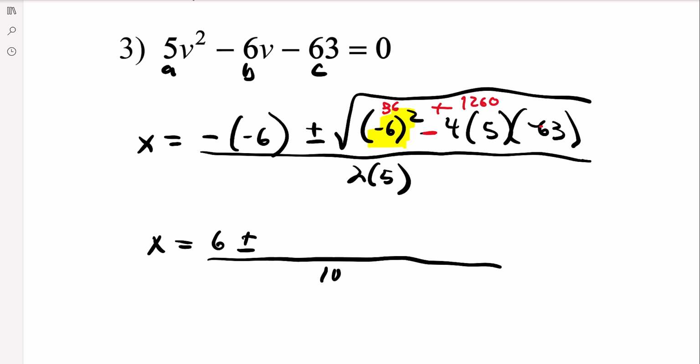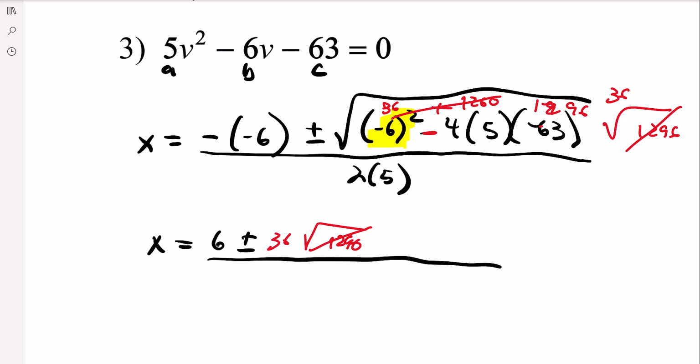If you add those two together, you get 1296. And I think that might be a perfect square. So, square root of 1296, it is. So now we have plus or minus the square root of 1296, which is 36, and all of this is over the denominator of 2 times 5, which is 10.